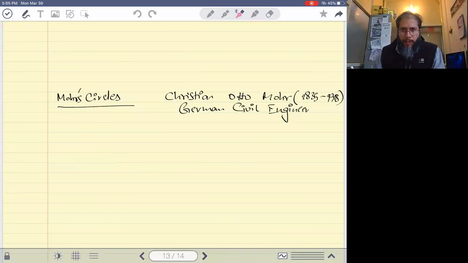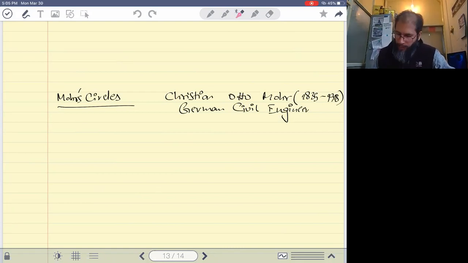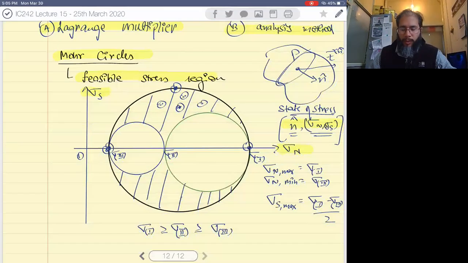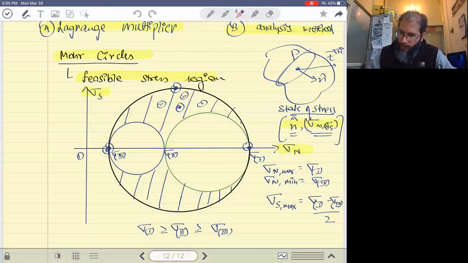All right. So this is what gives rise to the Mohr's circles, the 3 circles, and it's named after Christian Mohr, who was a German civil engineer, who gave us this interpretation of Mohr's circles. We already had drawn these circles last time, so let's use that. In this case, we wanted to find sigma n max and sigma n min.